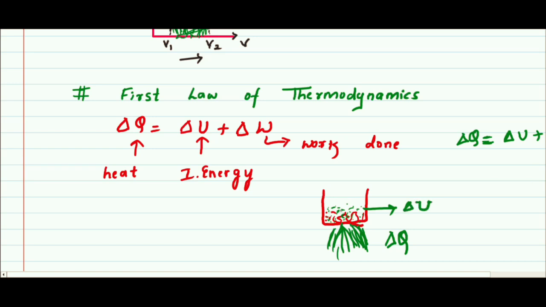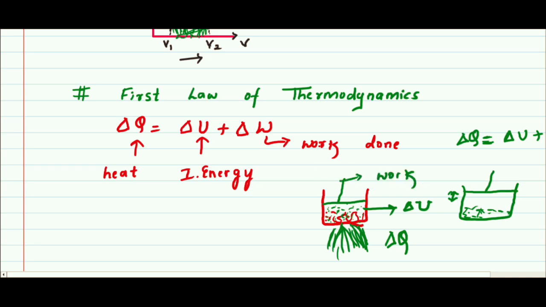If these molecules try to expand from this to this, so they have expanded. So a slight expansion takes place, and that expansion is nothing but the particles have done the work, right?